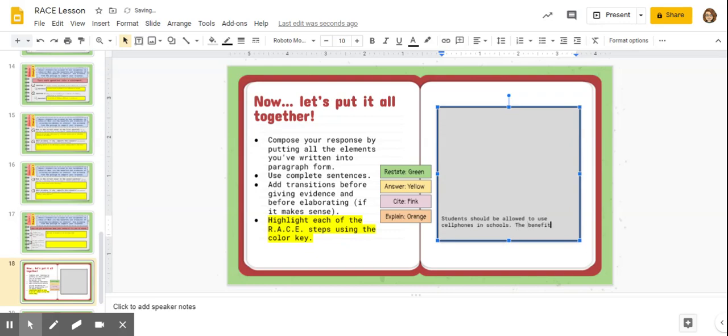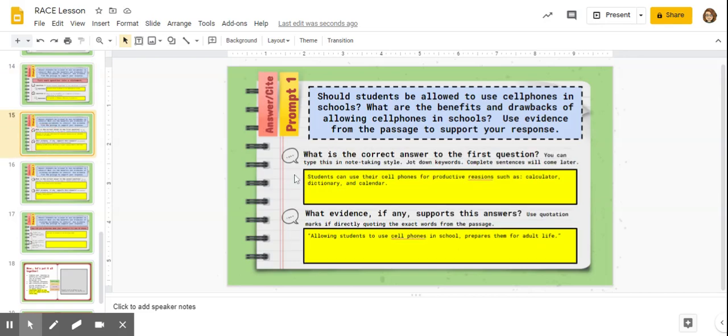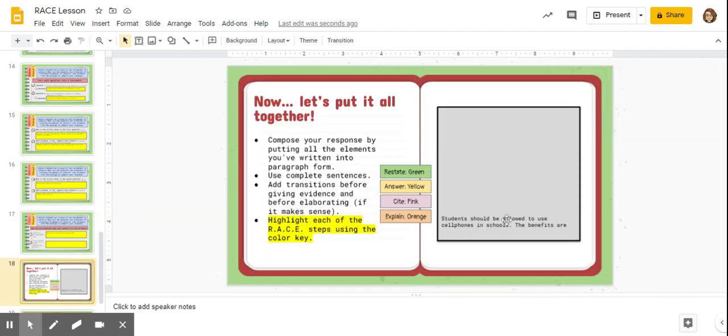The benefits are, we're answering the question, right? Let's see, the benefits are, I forgot what we said, you guys, short-term memory loss. Answer, students can use their cell phones for productive reasons. There we go. And we got to put them in quotes.